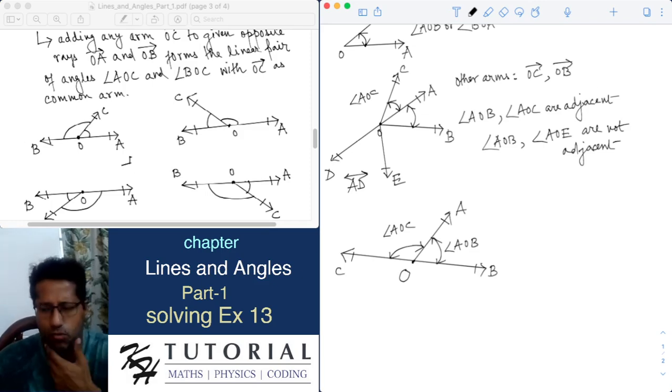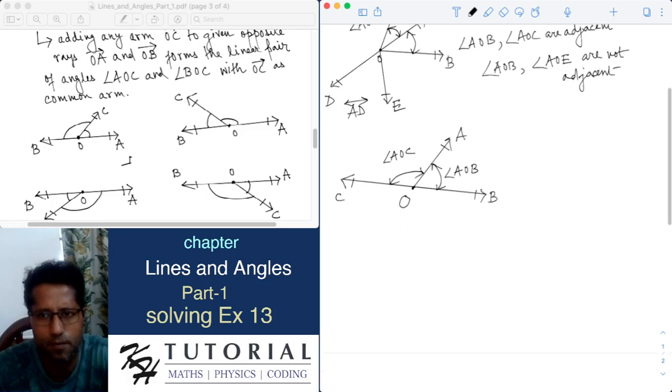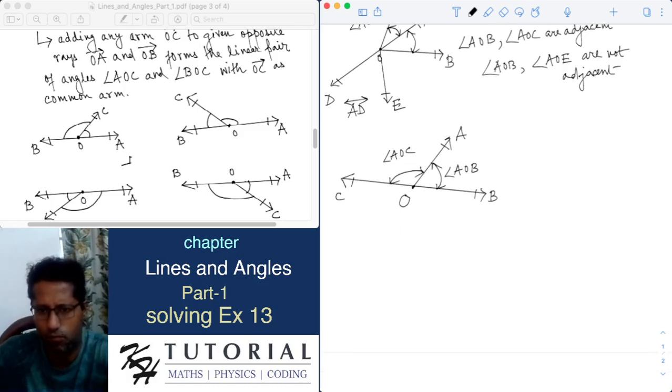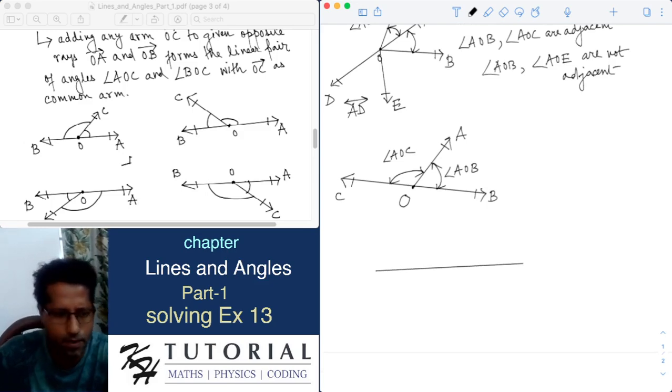That is, the two opposite rays will form a line. So how do we form a linear pair of angles? I will form two opposite rays. Now, how will I form two opposite rays? I will make a line, whose two end points stretch endlessly, and let the opposite rays be OA and OB.